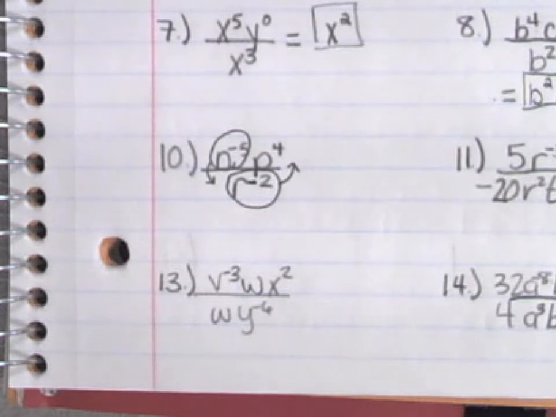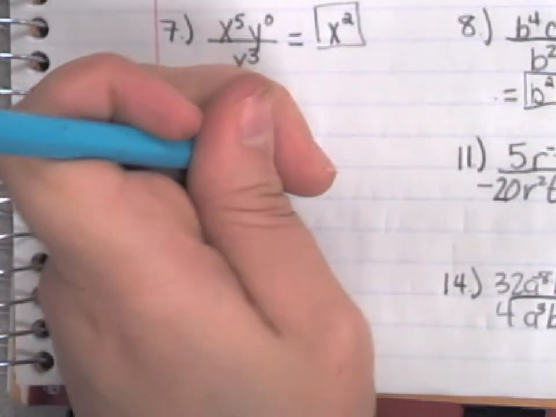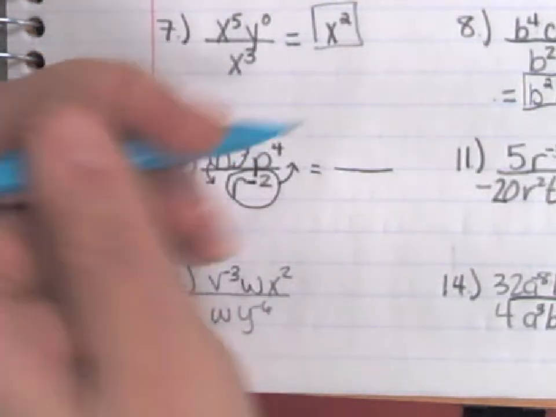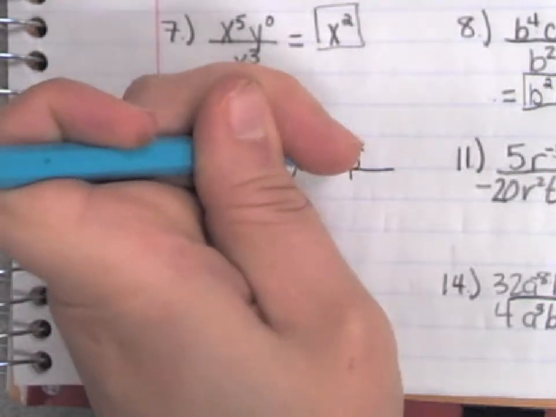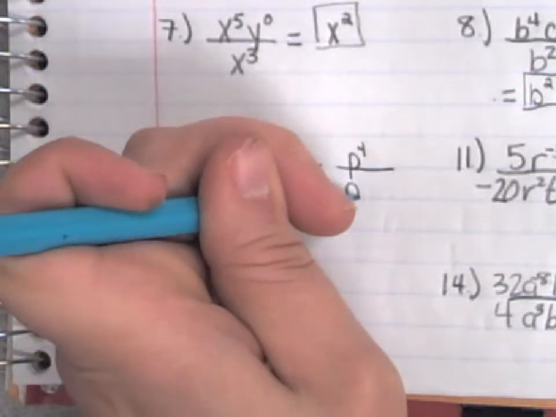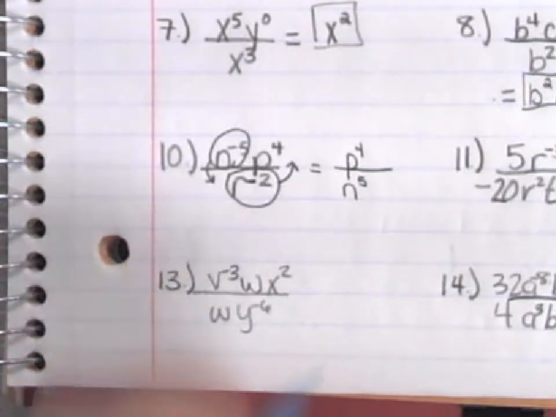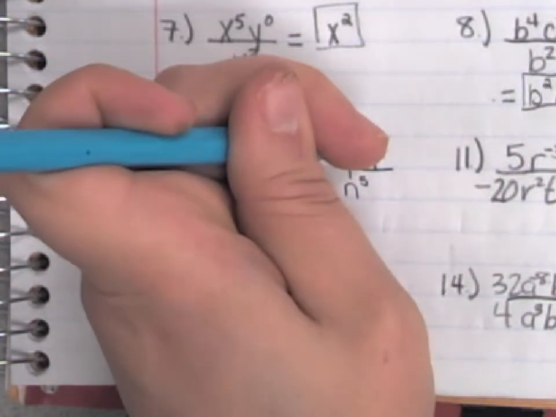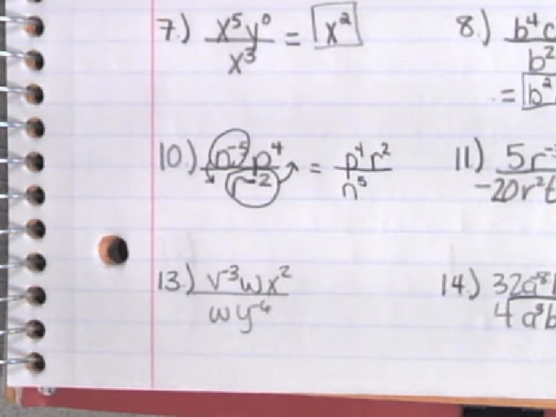He's lucky. So if you circle and show what things are going, you can see it. So that when I write my answer, I go, okay, I still got a fraction. What's the thing that stayed up there? P to the 4th. That guy, he circled, but he moved down. So he moved down here. N to the positive 5th now. And that r to the 2nd, it is now positive and up top.